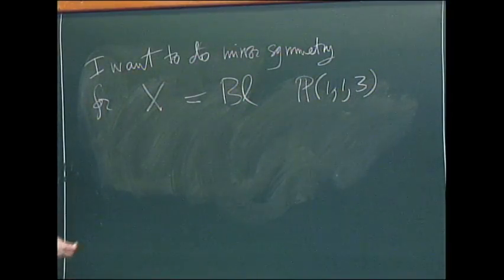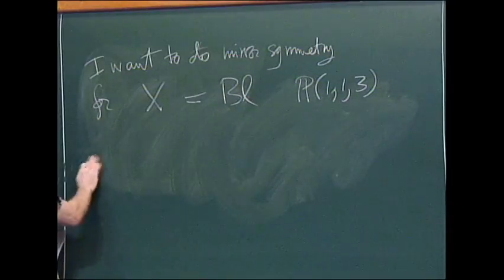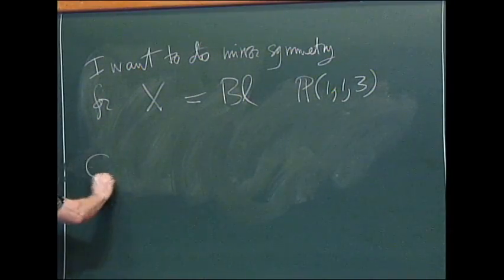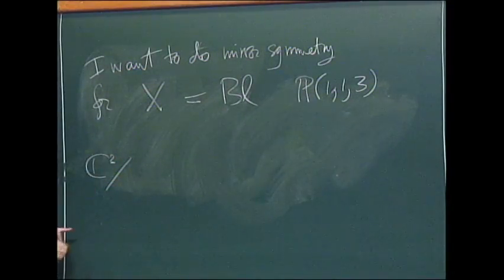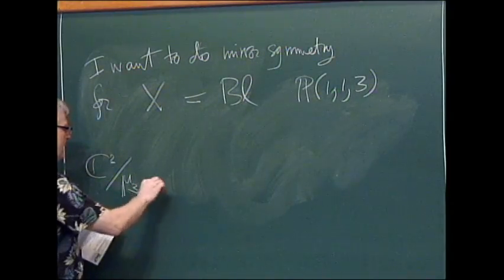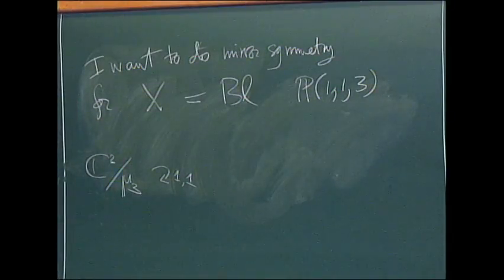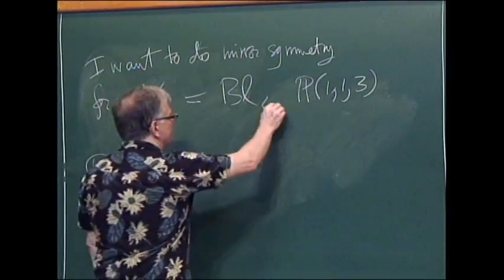P113 is a simple surface, the weighted projective space, and it has just one singular point, one orbifold point, which is analytically equivalent to C2 mod mu3 acting with weights 1, 1. So it's an orbifold, and I want to blow it up in 4 points.